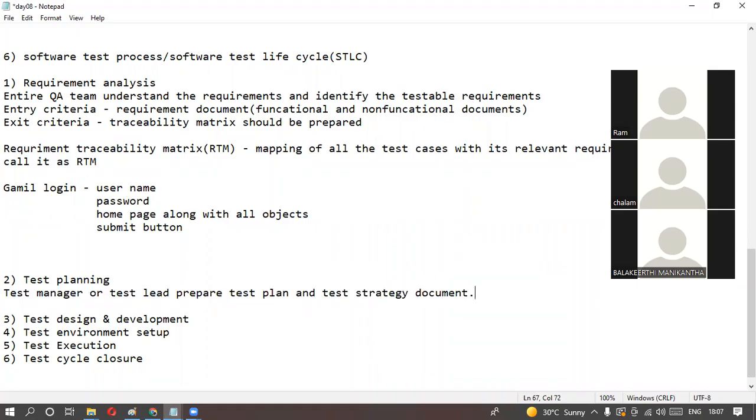I will explain you what is test plan and test strategy in our tomorrow or day after tomorrow session. Might be tomorrow session only. So test manager or test lead prepare test plan and test strategy document. In this test planning, so what is the entry criteria for this test planning?